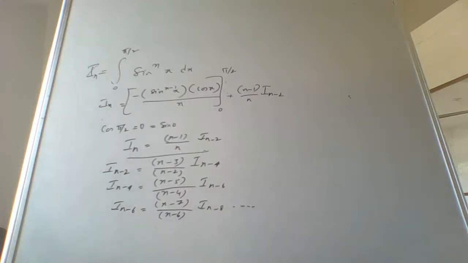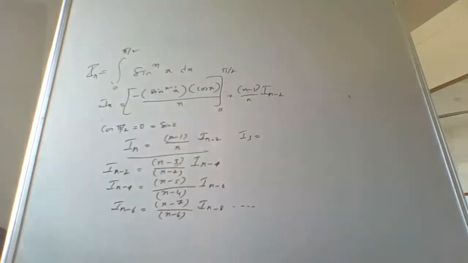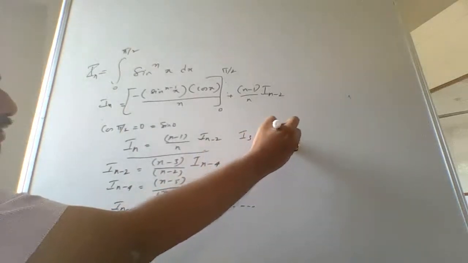Let us further look at how we progress in getting the result here. Okay, so let us see that. Now, when we proceed like this, at the end of the result, if I have to calculate I3, that would be 2 by 3 I1.